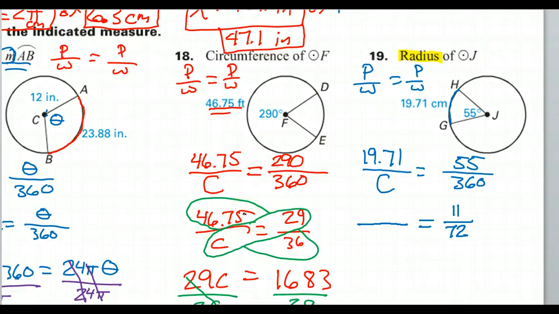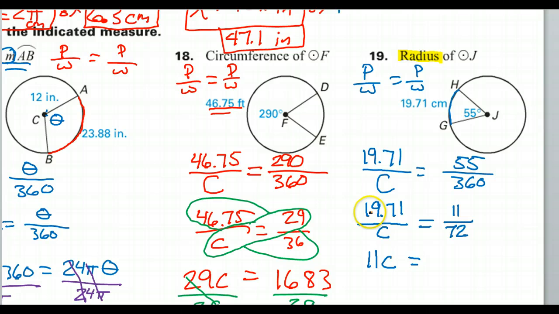Let me be clear. It is very important that we get to the bottom of this problem. So, like I was saying before I lost my head, 19.71 over C. What was I saying? Yeah, we will find C, but we won't be done. So let's cross multiply. So if we do that, C times 11, that's 11C.